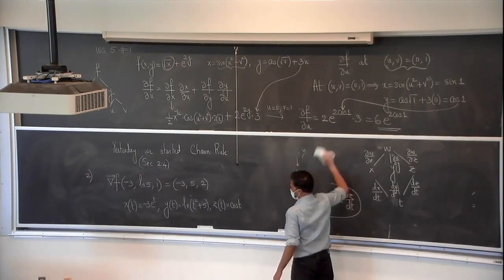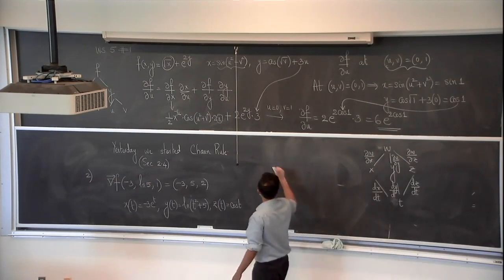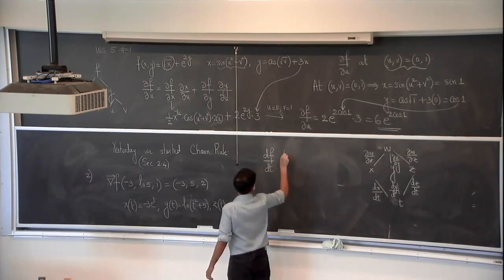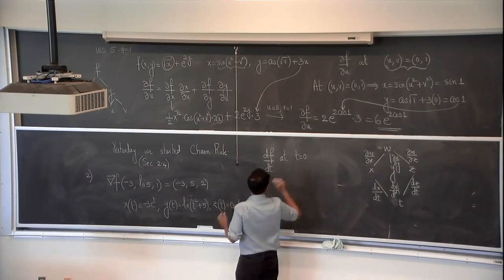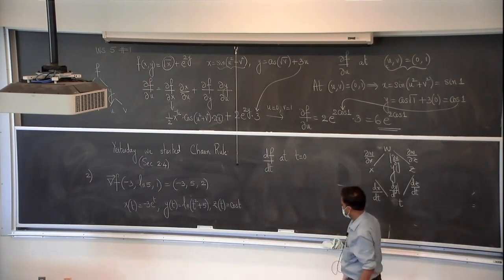So the question is to find df dt at t equal to 0. Pretty sure all of you, based on yesterday's example, would know how to do this.